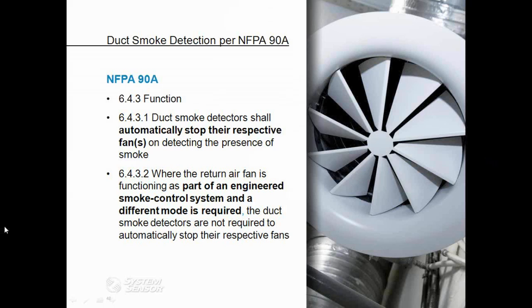So in cases where the fan is part of a smoke control system, the system may be engineered in such a manner that the fan could assist in exhausting smoke out of the building instead of spreading it through the building. So in that case, you would not want to be required to shut off that fan because it's helping the situation with the smoke that's present.